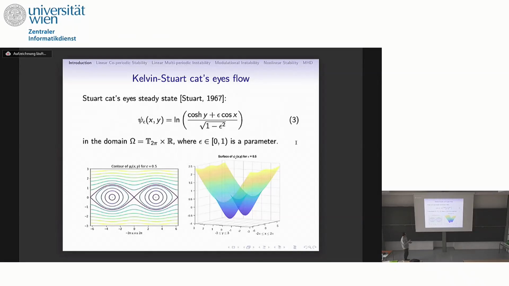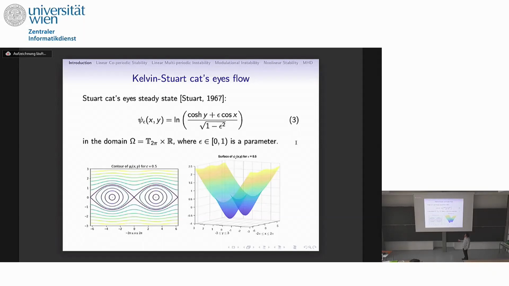If you just take one period, so this is 2 periods, from minus 2 pi to 0, 0 to 2 pi. If we just look at one period, actually these 2 points are the same, right? If you put the two periods together, it looks like 2 eyes of a cat, right? So that's why this flow is also called a cat's eye flow.